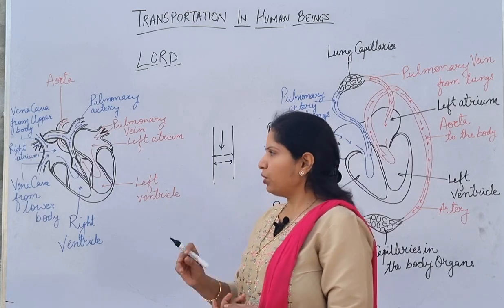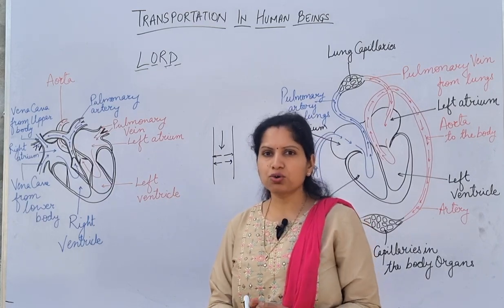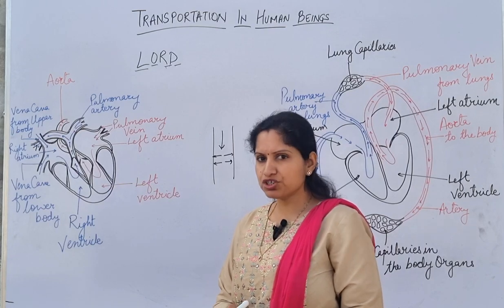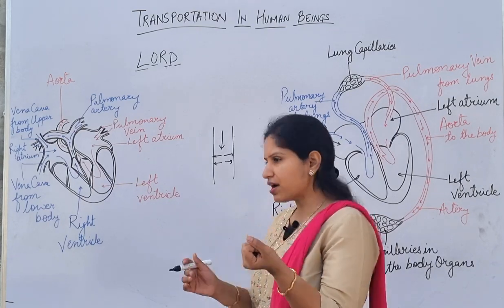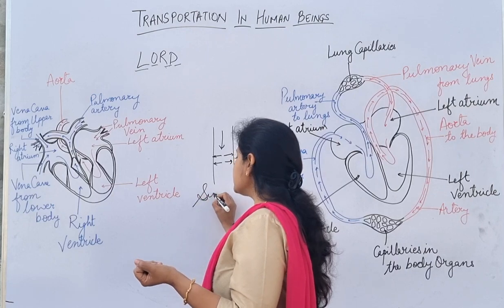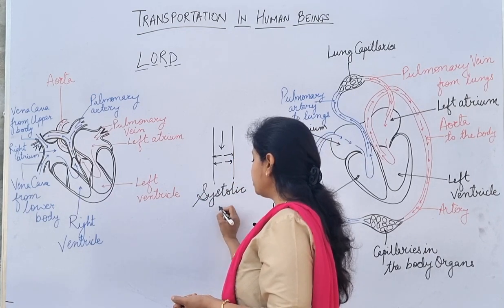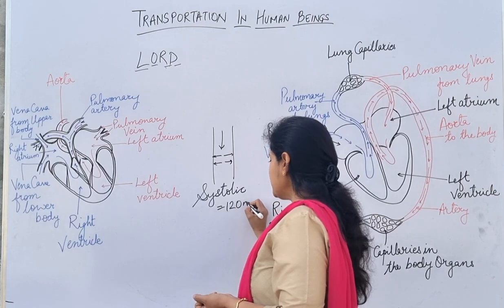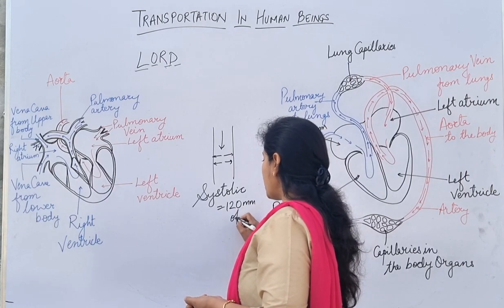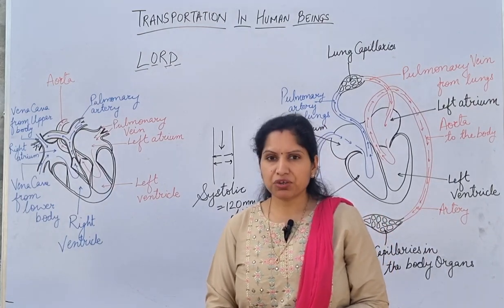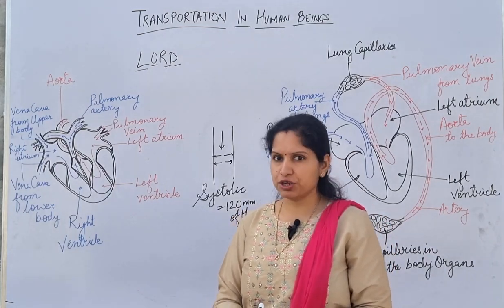When the ventricles are contracting, that contraction is known as systole, and the blood pressure at the time of ventricular contraction is known as systolic blood pressure, and normal systolic blood pressure is 120 millimeter of mercury.